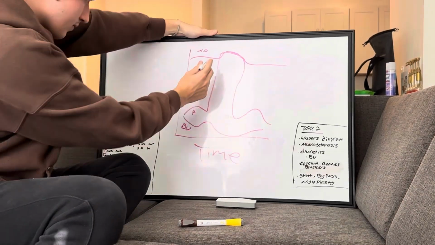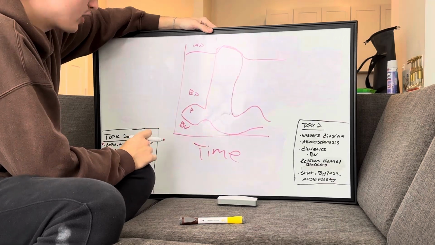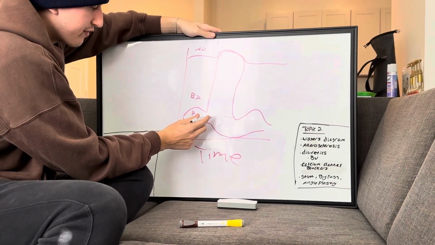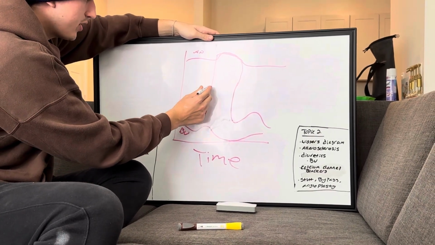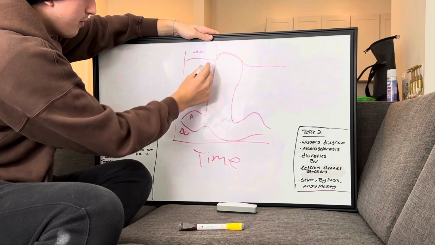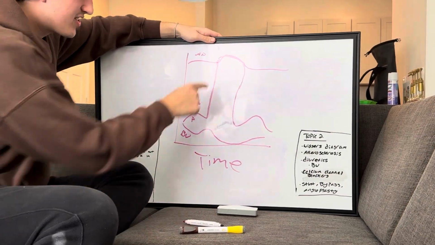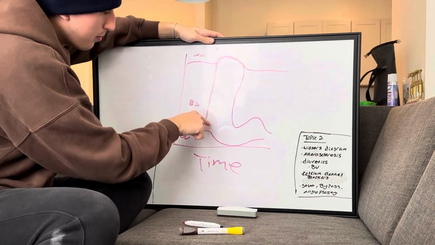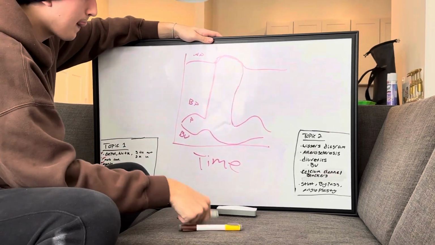So this is the back pressure on the aorta, or the aortic valve. Whenever you squeeze the ventricles, it is going to increase in pressure. But the second that it hits the pressure and starts to exceed the back pressure of the aortic valve, now blood is going to start leaving the ventricles, as you can see.